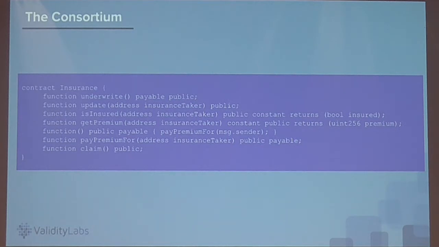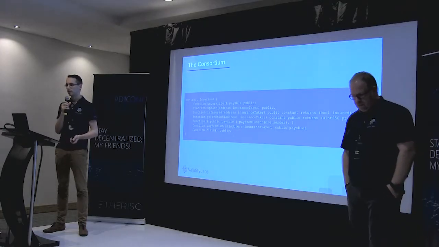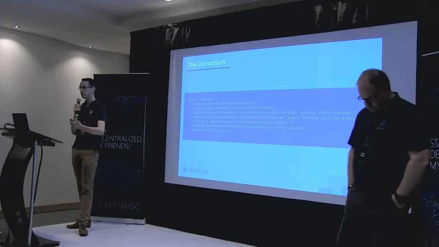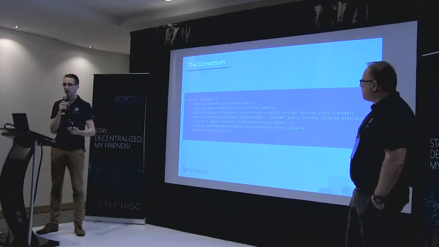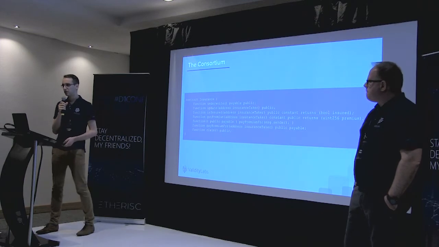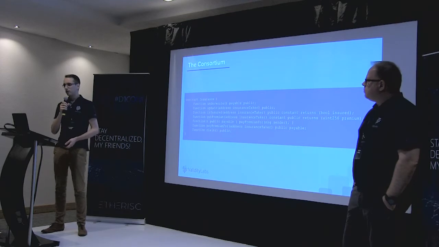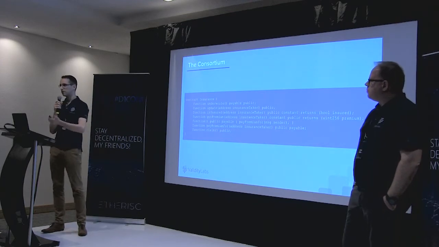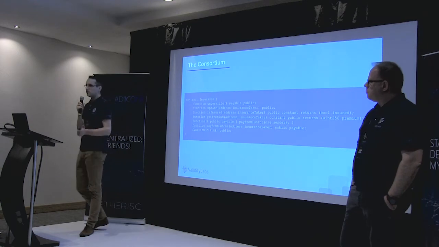We have fundamental functions in there. We need something to underwrite. If I want to come in and get a new policy, we need this decentralized insurance to have some underwrite function. We need to potentially update the status of some insurance taker to find out if somebody is insured. We need to get the premium, because the premium could depend on a number of factors. This is not to be defined here.